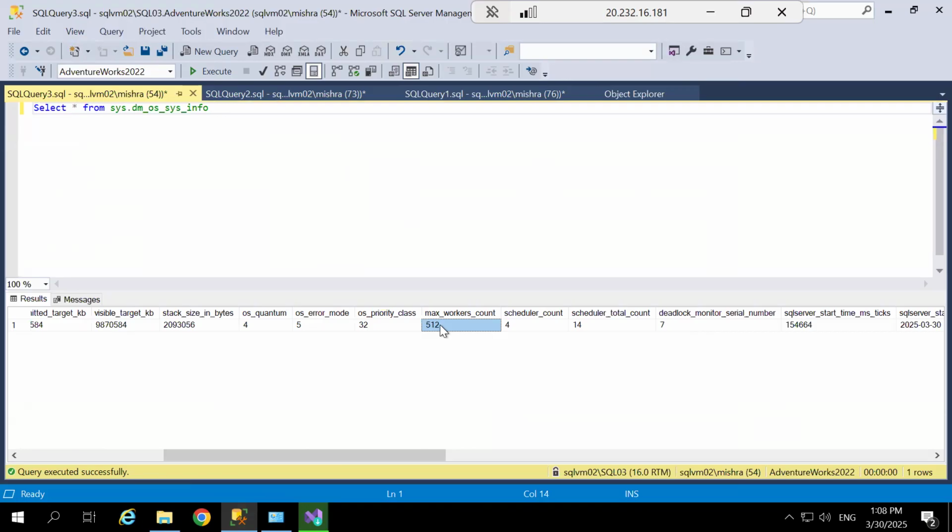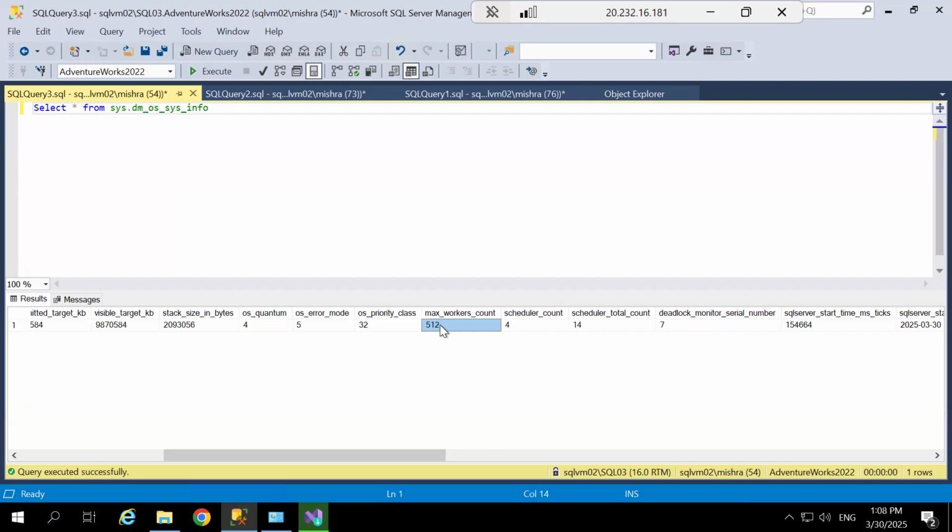Before a query thread starts to execute under the CPU, that query thread has to be assigned with a worker thread, or simply called worker, by the scheduler, right?